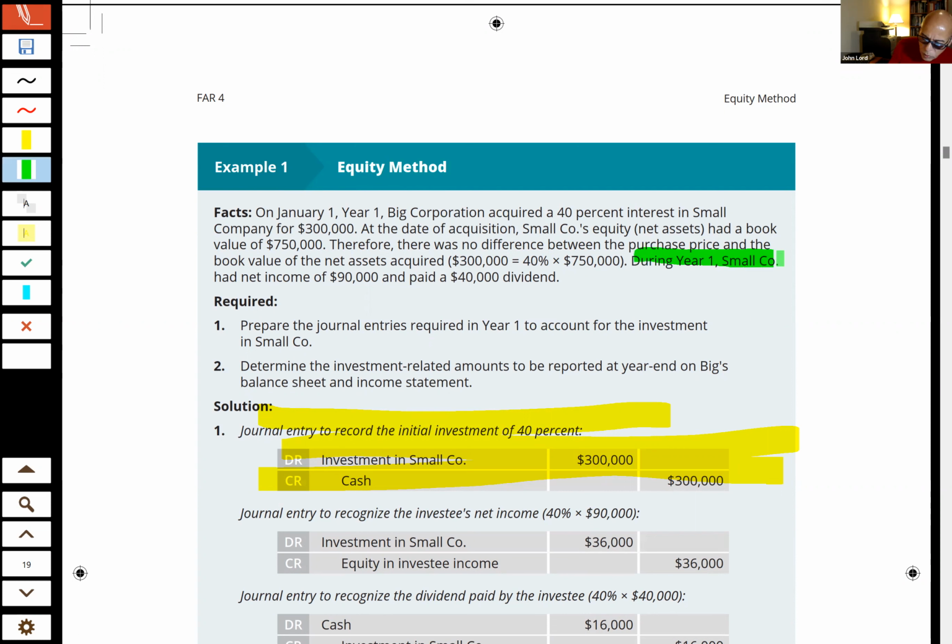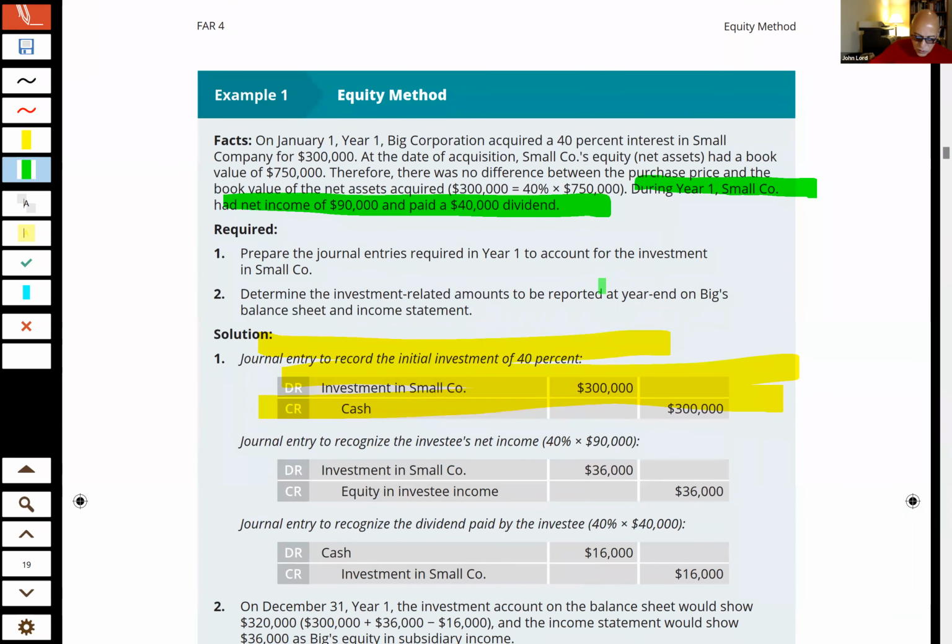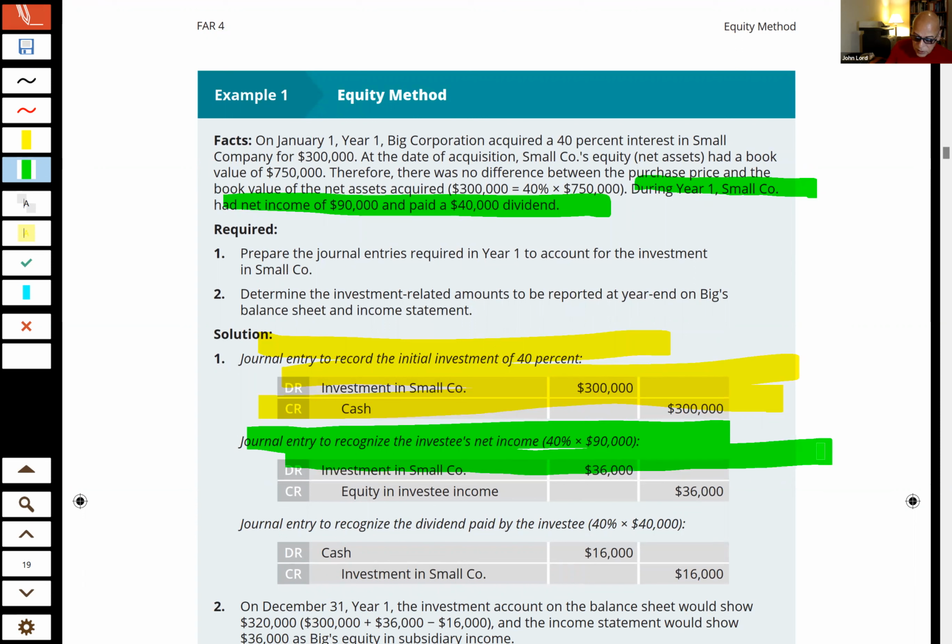So during year one, the small company had net income of $90,000 and a dividend of $40,000. Very simple. I take the 40% times the $90,000 income. I increase the investment by $36,000. I credit the equity and investment income. That gets reported on which financial statement?